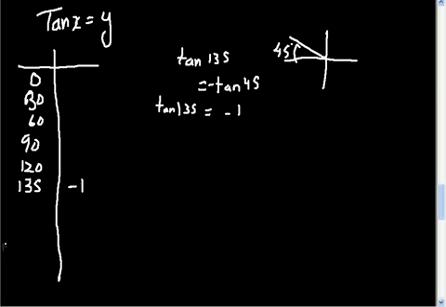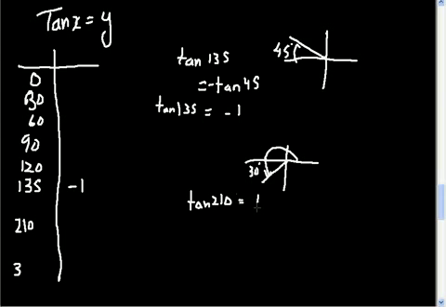Let me pick out an angle in the third quadrant. 210 is in the third quadrant, and the angle it makes to the horizontal is 30 degrees. So tan 210 will be equal to tan 30, and there's no problem in terms of its sign, because in the third quadrant tan is positive.